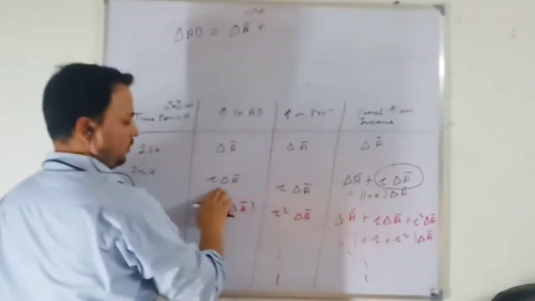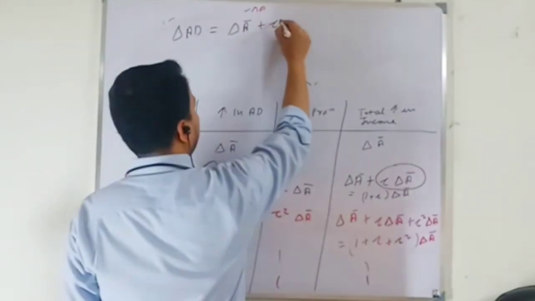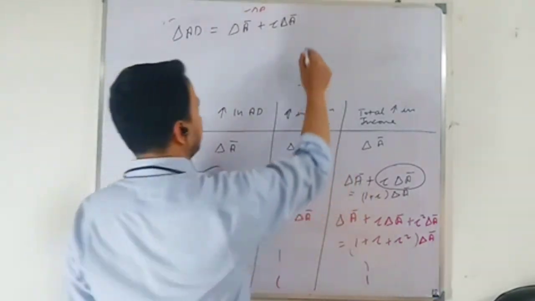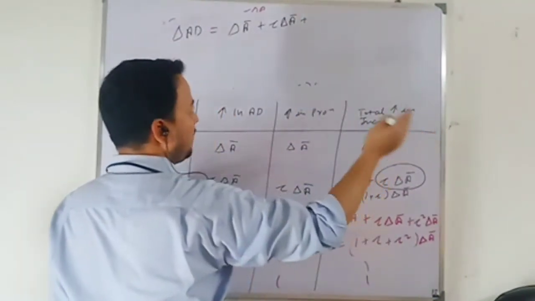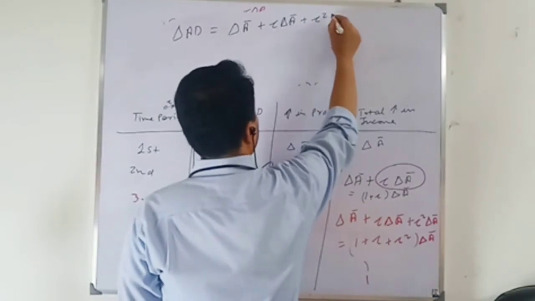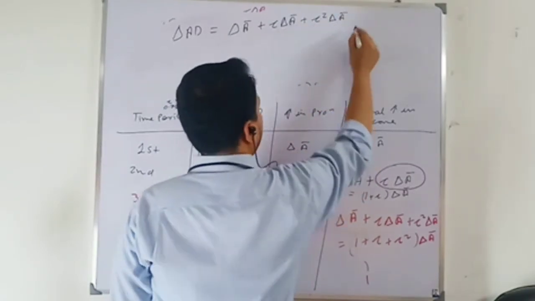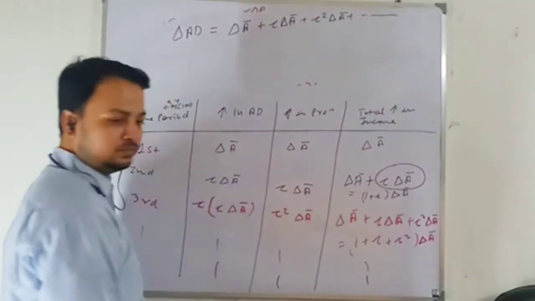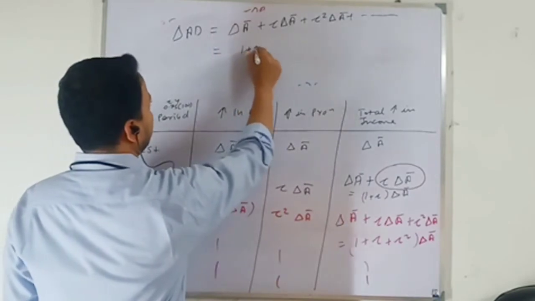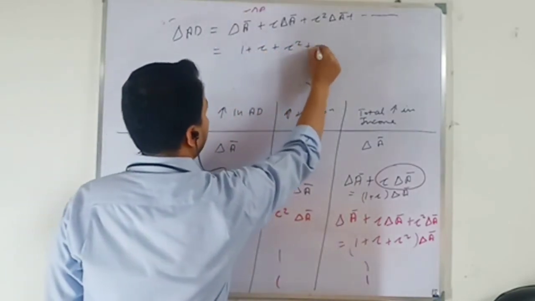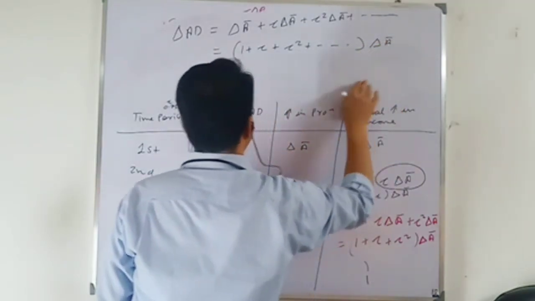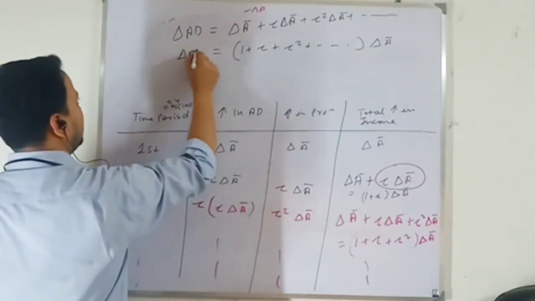Then you have an increase in consumption in the second round by c delta A bar. Then it will further stimulate an increase in consumption through the increase in aggregate demand and income, which is c square delta A bar, and this will continue. So the change in aggregate demand is 1 plus small c plus small c square and so on, times the change in your autonomous component. That is what we have called the investment multiplier.